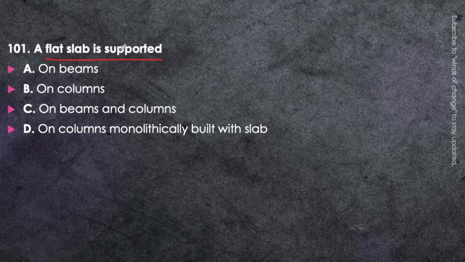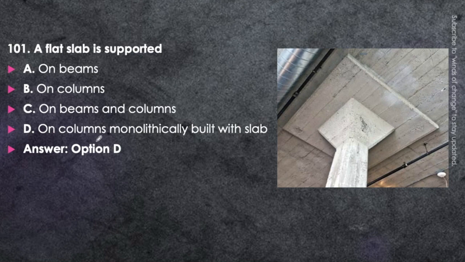But we are talking about the flat slab. So in case of the flat slab, the condition will be the column monolithically built with the slab. This is the condition of the flat slab. Here there are no beams. There is column, but it will be monolithically built with the slab.